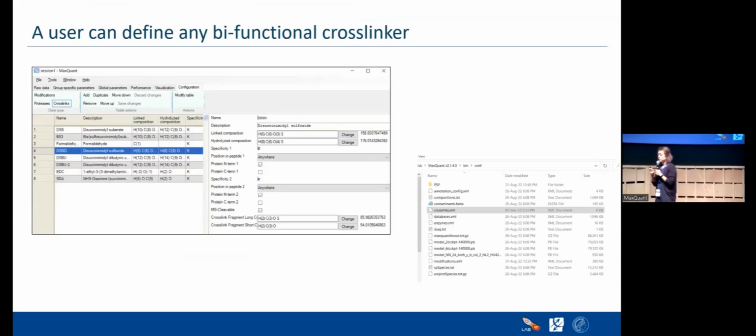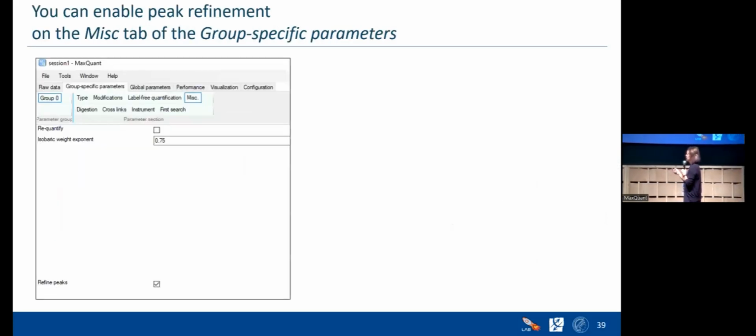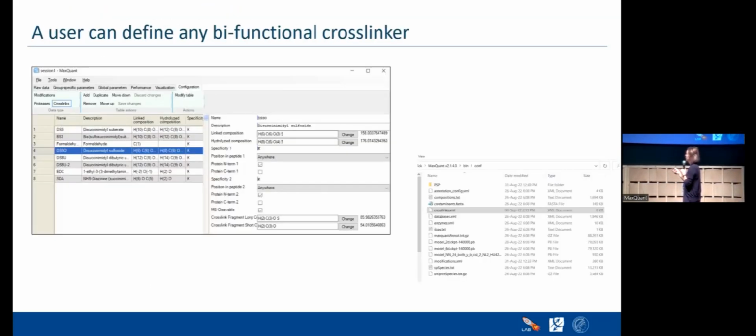Throughout the course, we also show how you can configure MaxQuant in terms of modification and proteases. And then we also have some tutorial online to show you. And it's the crosslinking section right next to it. It's very similar to how we configure on the modification side.